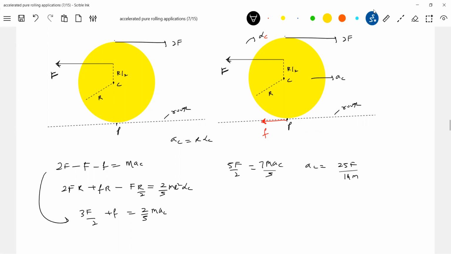That value of AC is substituted, solve for f. Anybody got the value of f? Value for friction?